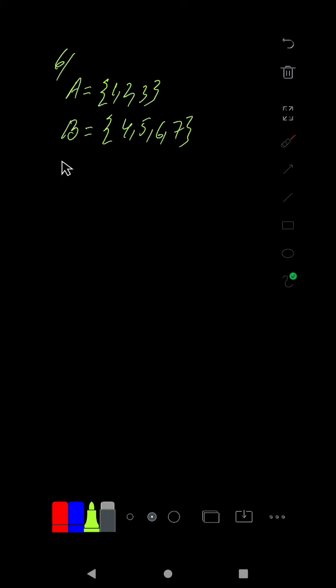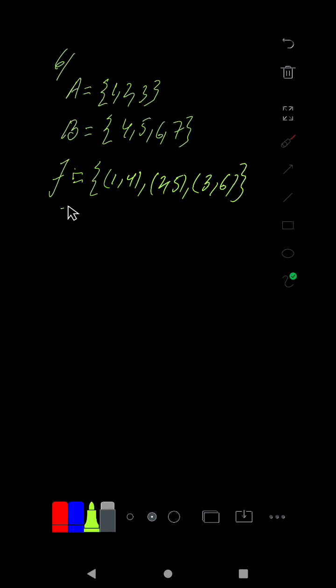Now question number 6. A is given as a set of three numbers 1, 2, 3 and B is given as the set of four elements 4, 5, 6, 7. And F is defined in roster form as the set of ordered pairs (1, 4), (2, 5) and (3, 6).